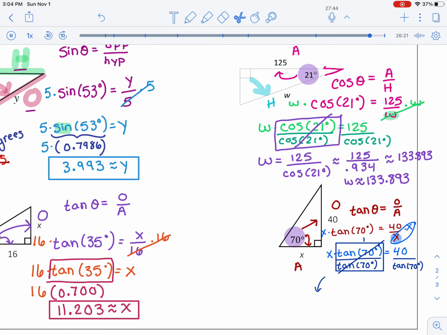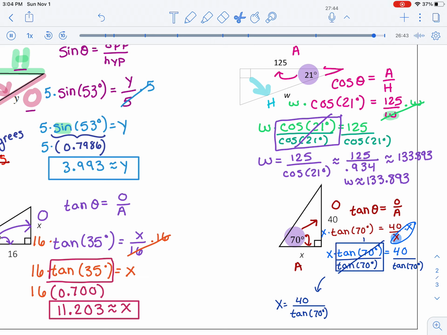So I can say now that X equals 40 divided by the tangent of 70 degrees.